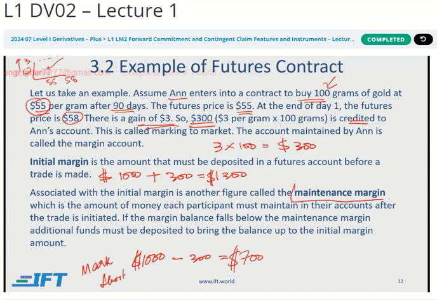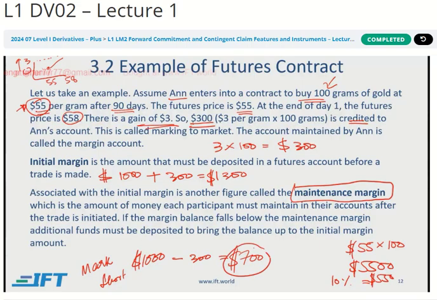And the futures exchange will have something called a maintenance margin, which could be a certain percentage of the trade size, right? The trade size we are looking at is the starting price of 55 multiplied by the transaction size, which is 100 grams. So the size of this trade is $5,500, and maybe if you are supposed to keep a 10% margin at all times, 10% of this will be $550.